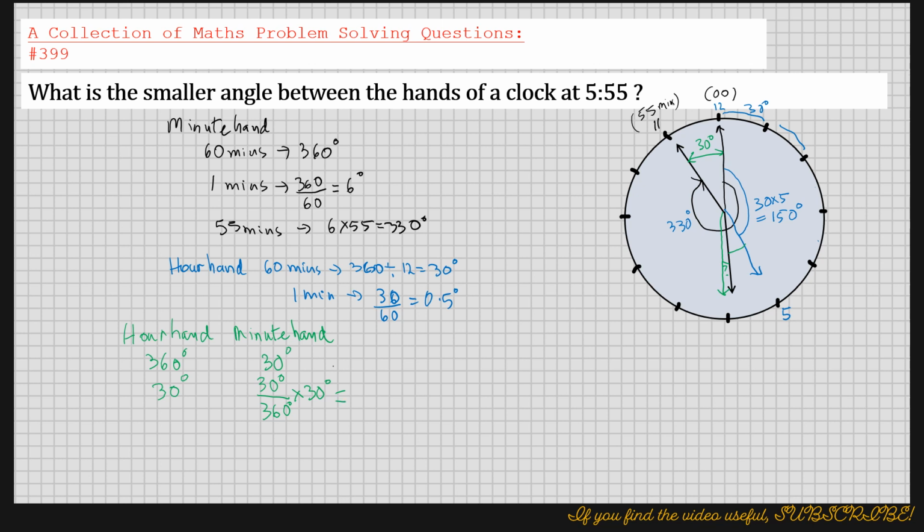Simplifying, that gives 5 divided by 2, which is 2.5 degrees. So in the 30-degree movement of the minute hand, the hour hand moves 2.5 degrees.